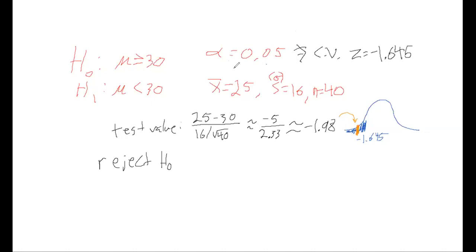So we'll refine this statement as we get toward p-value testing, which is the preferred method. But for the time being, you can think of alpha as the maximum probability you're willing to accept of making a type 1 error.